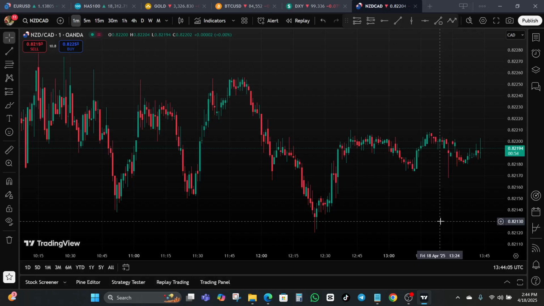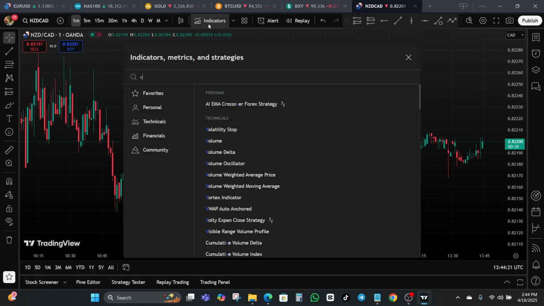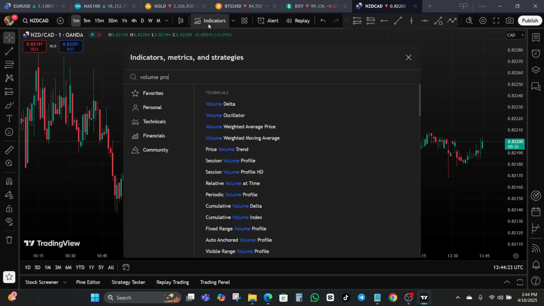So now we're just going to be breaking down the best 1 minute scalping strategy using the volume profile and VWAP indicator. All right, so I'm going to be adding the volume profile.